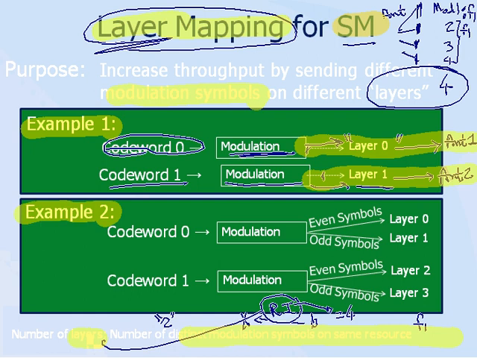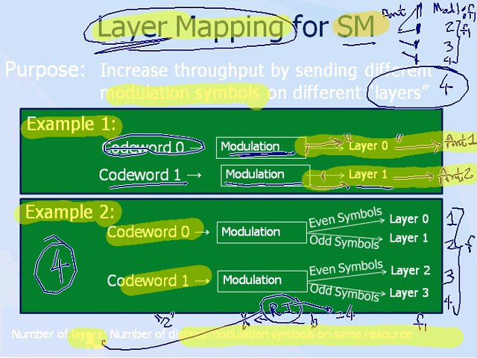Another example: I have two code words and I am able to support 4 layers. So I will use 4 antennas, 1, 2, 3 and 4, but the same subcarrier F1. In this case, the even-numbered modulation symbols generated from code word 0 will correspond to layer 0, the first antenna.